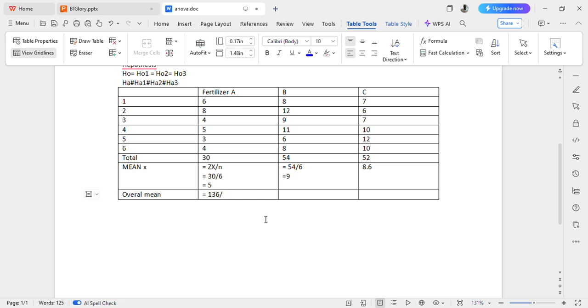Divide by the total number of observations, 18.